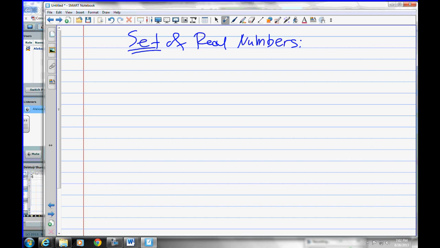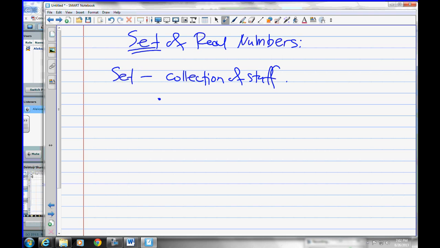Now, just like this classroom, the mathematical set has certain properties. So the definition that I like to use for a set is just a collection of stuff. Okay? So there are two properties, really.